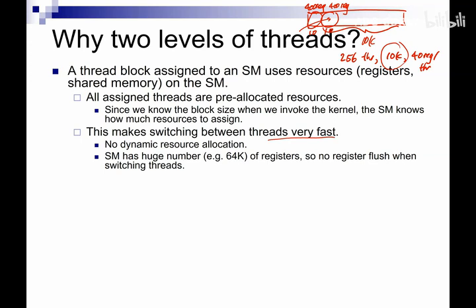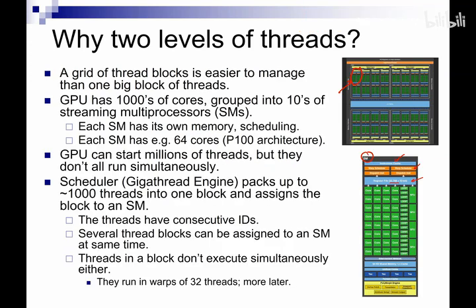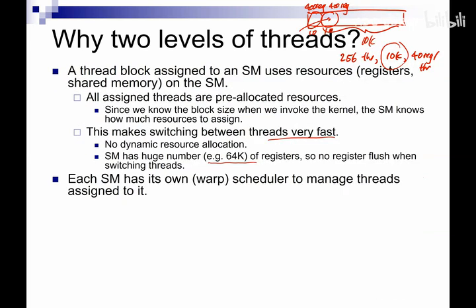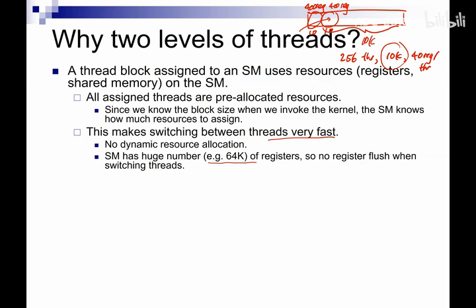And this is made possible by the fact that you have many registers on the SM. This is why you see over here we have a very large number of registers. If you compare this to a CPU architecture, they have far fewer registers. Here we have thousands of registers because the goal is to be able to run basically, let's say, 1,000 threads per SM.